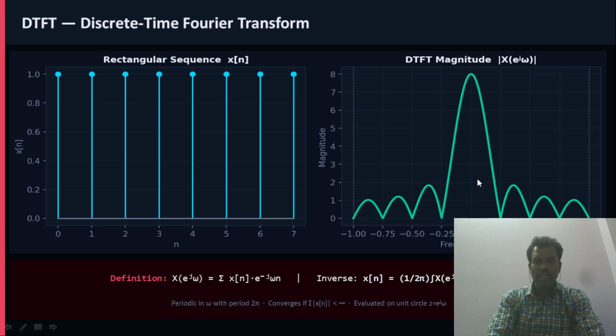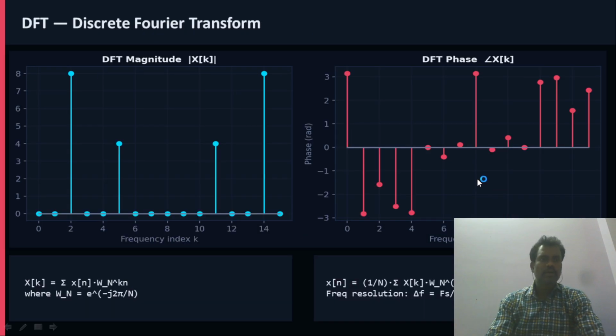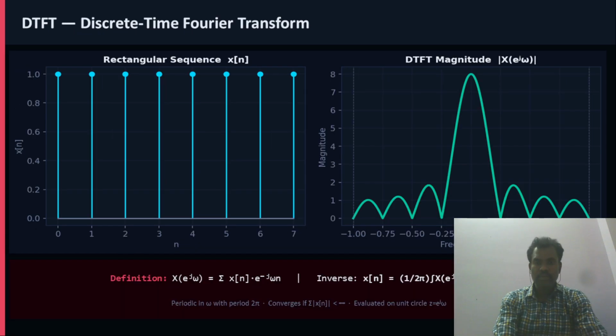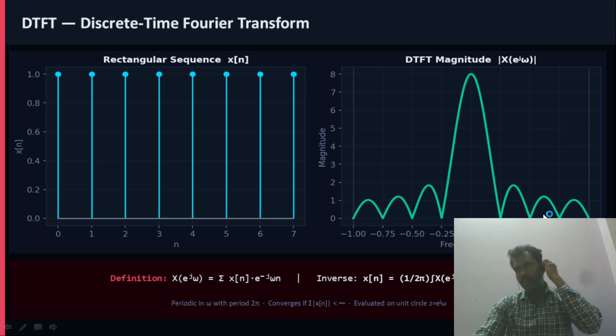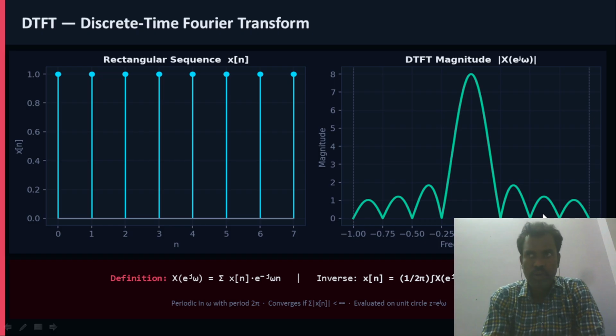Hence, we are going for DFT. So DFT is nothing but the continuous spectrum being sampled. The sampled version of DTFT is nothing but DFT. So we'll do sampling, and here there is no need to do sampling by using hardware.